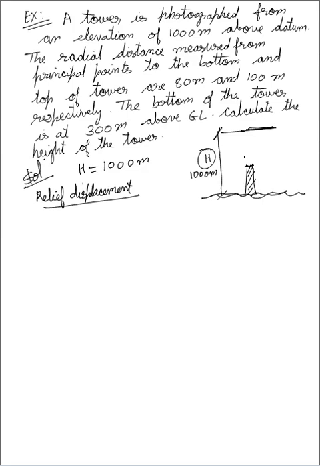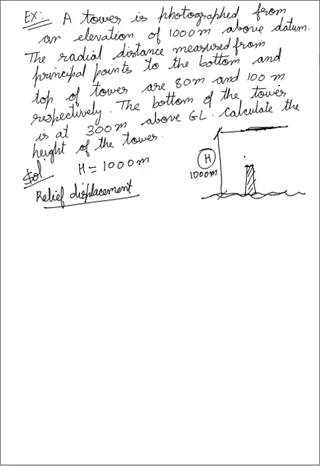As we are taking a photograph from a certain height, they have mentioned the radial distances from the principal point to the bottom and top of the tower, 80 meter and 100 meter, corresponding to the bottom and top respectively.